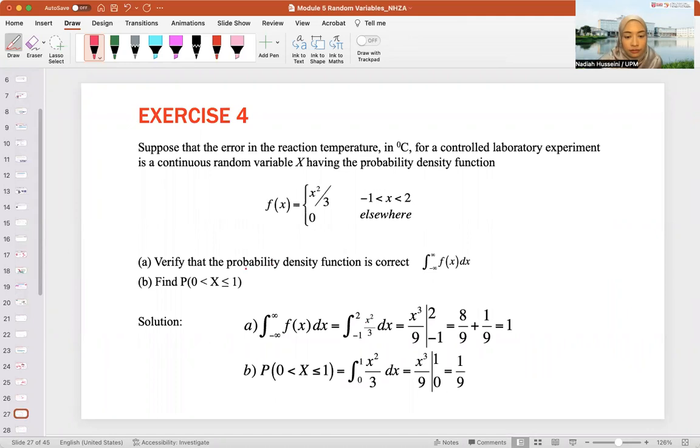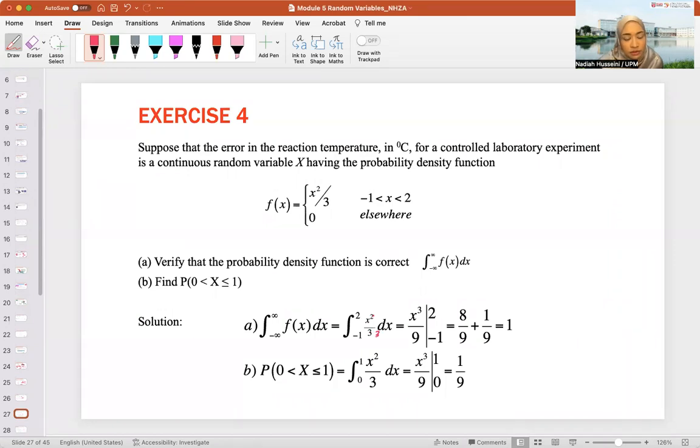To verify that the probability density function is correct, you have to find out whether it is equal to 1 or not from -infinity to infinity. So your interval is from -1 to 2. You put in your function, x to the power of 2 over 3. When you integrate it, it becomes x to the power of 3 divided by 3.